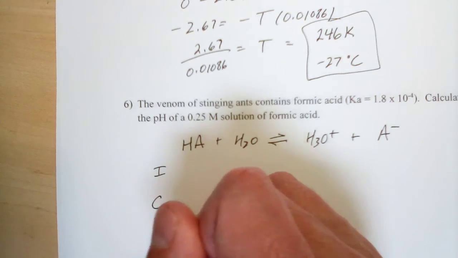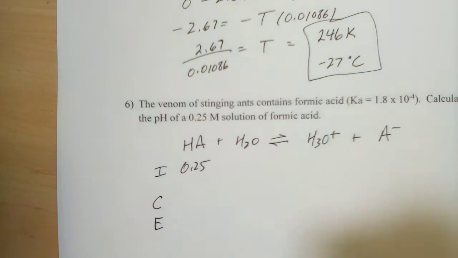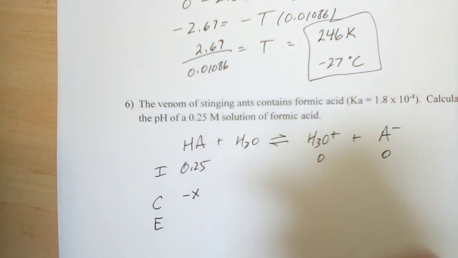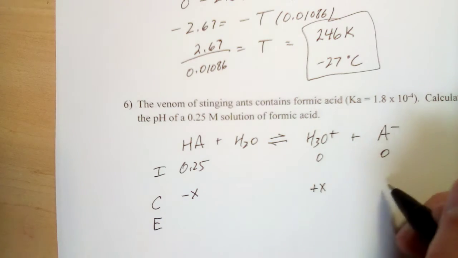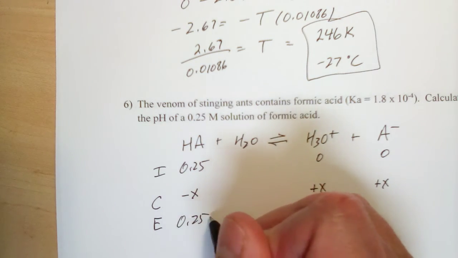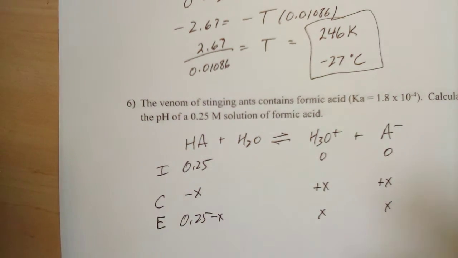If we fill out our ice chart here, we start with 0.25 molar concentration of the acid. Of course, the initial conditions, the reaction hasn't moved at all, so there are no products. So as we approach equilibrium, we'll lose some of the weak acid, and we'll gain that much in the products of the reaction. So at equilibrium, 0.25 minus x, and each of the products would be x.